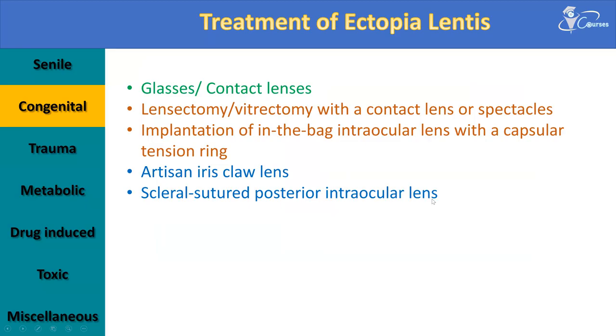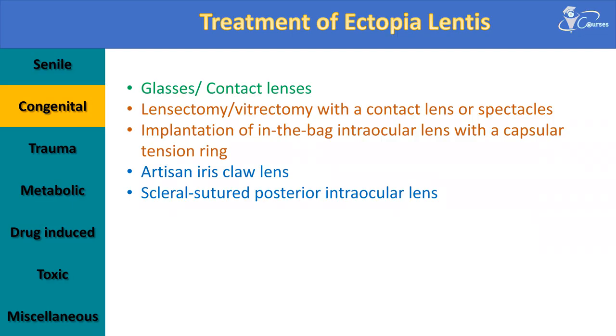Regarding the treatment of ectopia lentis, this would need a series of lectures to discuss. But to try to summarize, we have different lines depending on the patient's symptoms, the patient's complaint, and the surgeon's experience.